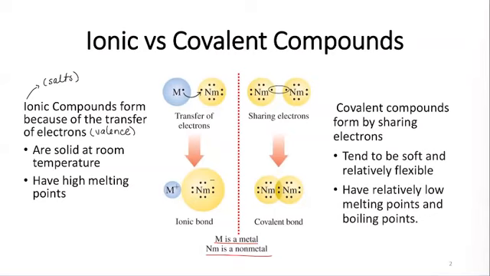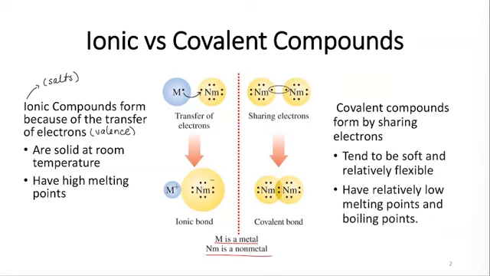And the metal becomes positive. Now, the non-metal receives electrons, and because it receives electrons, it also makes an ion charge because it's receiving that negative charge from the electrons. That's why it becomes negative. Now, when these two charged species are interacting with one another, as you can see, that's what results in an ionic bond.